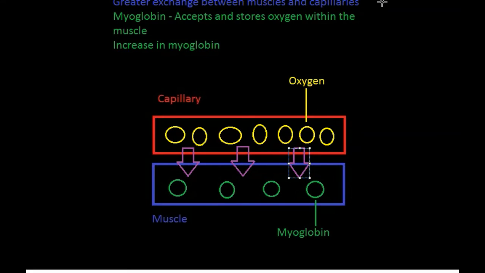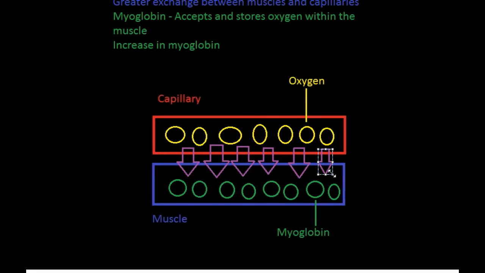But what happens with endurance training? We get an increase in the amount of myoglobin. So we get more myoglobin molecules within our muscle. And this allows for more oxygen to diffuse into our muscle and eventually be used by the mitochondria.